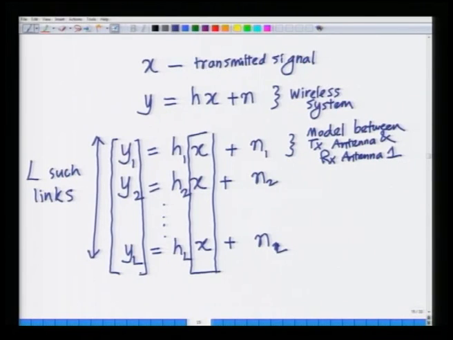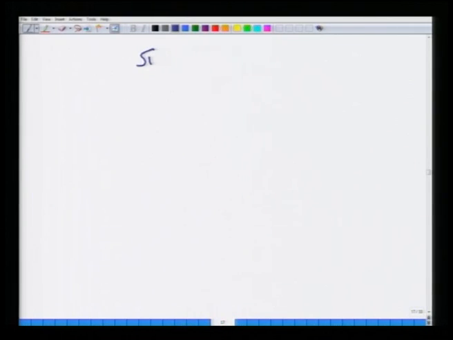I am going to represent these symbols y1, y2 up to yL as one vector. Similarly, I am going to represent h1, h2, up to hL as one vector, and n1, n2 up to nL as one vector. So, now my system model is given as follows.